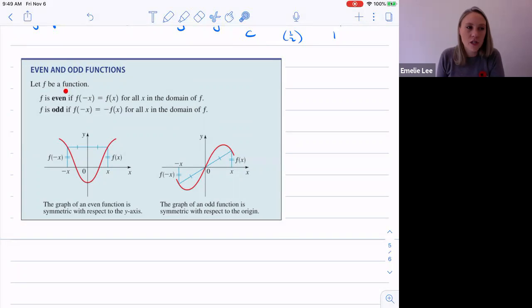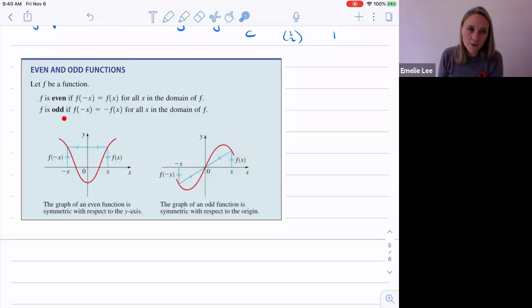If you have a function, then as a rule, f is even if you're able to take negative x and algebraically manipulate, replace all the x's with negative x, and then you're able to undo it, and it looks the same as f of x for all the x's in the domain of f.